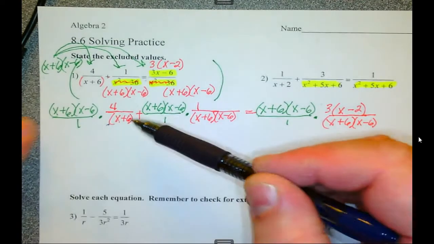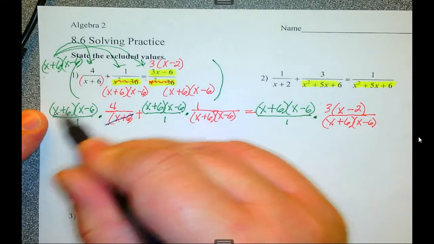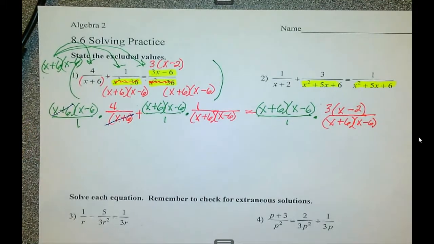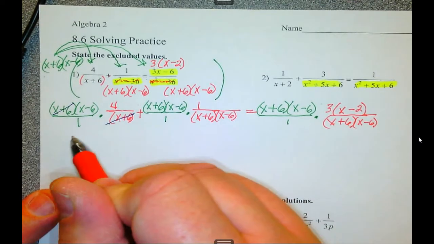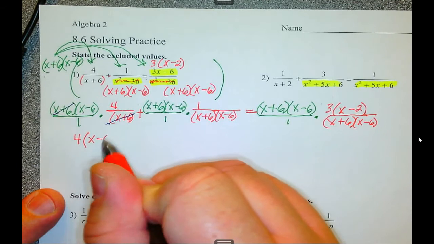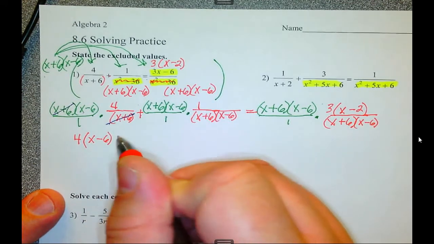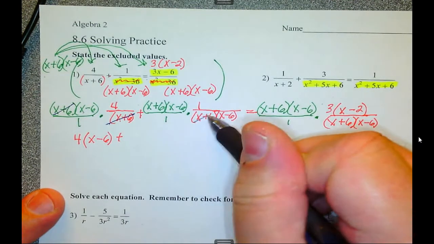Okay, let's multiply this out. My x plus 6 cancels. So I have 4 times x minus 6 plus, all of these cancel.